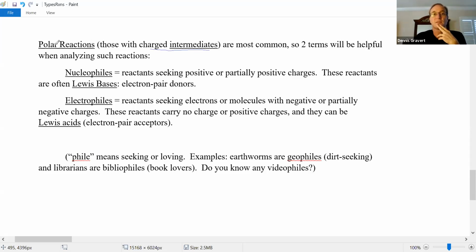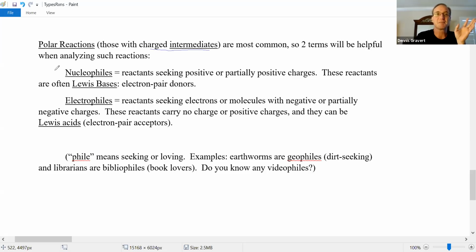As you look at your reagents, they usually come in with some partial positive charges. So here's one reagent with a slight positive charge, and here's another reagent with a slight negative charge. Hey, opposites attract. That's how we can predict the reaction occurring.